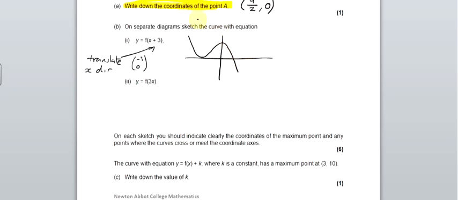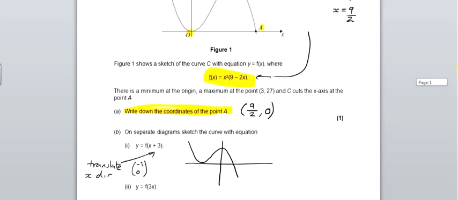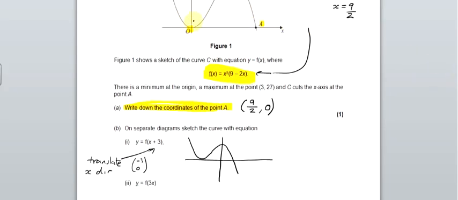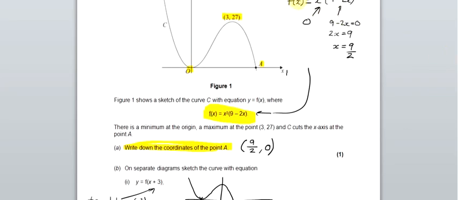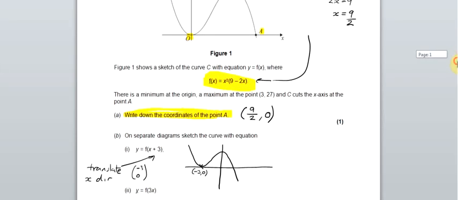And it's really important that I write down all the coordinates. So to do that, I'm just going to have a quick look at the curve at the top, and you can see that we've got a 0 here, so that's been moved 3 along, so that is now minus 3 along, 0 up, because it's not been moved up or down. The maxima was 3 along, and it's been moved 3 this way, so now it's 0, 27.